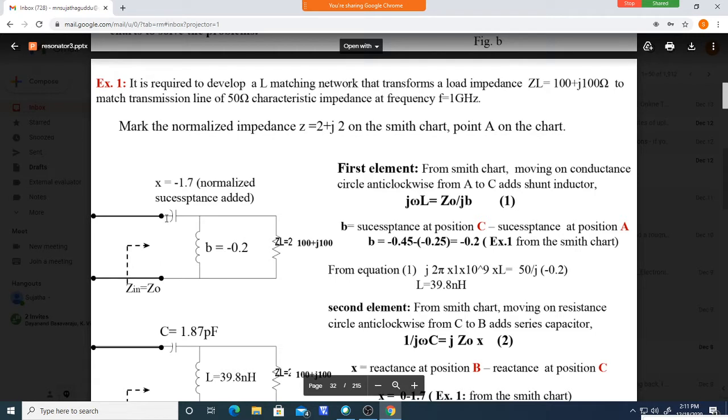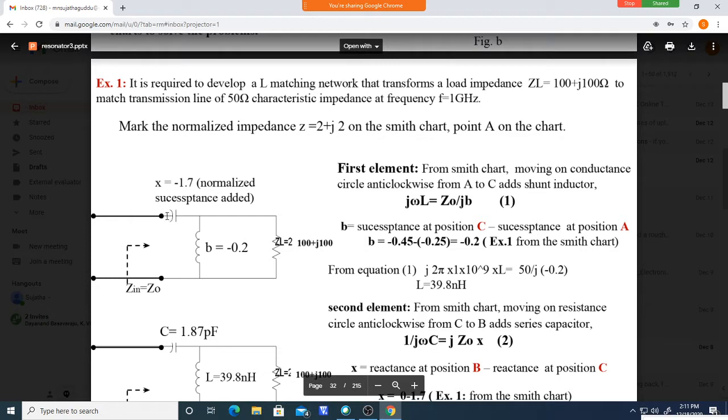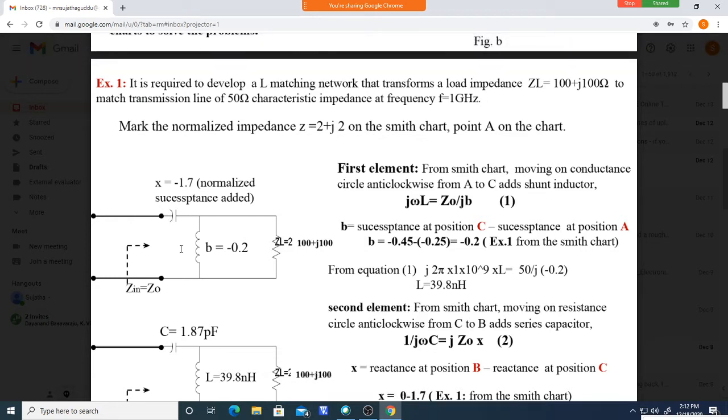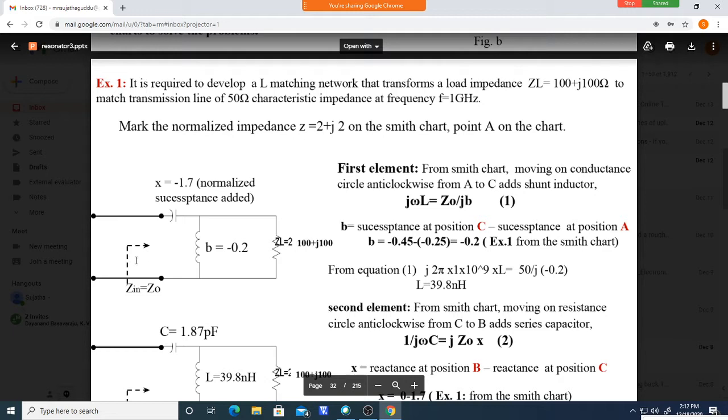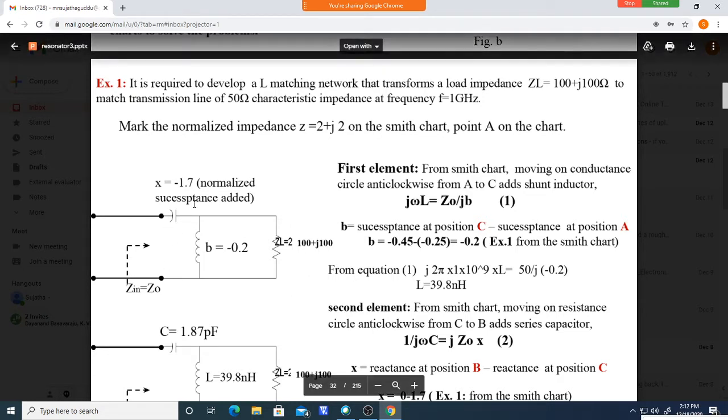Once the impedance between these two terminals is 50 ohm, the source delivers maximum power to this network. Entire here, from here, this is a transmission line including the source, whatever is there. From there, maximum power is delivered to the network next to the terminal.